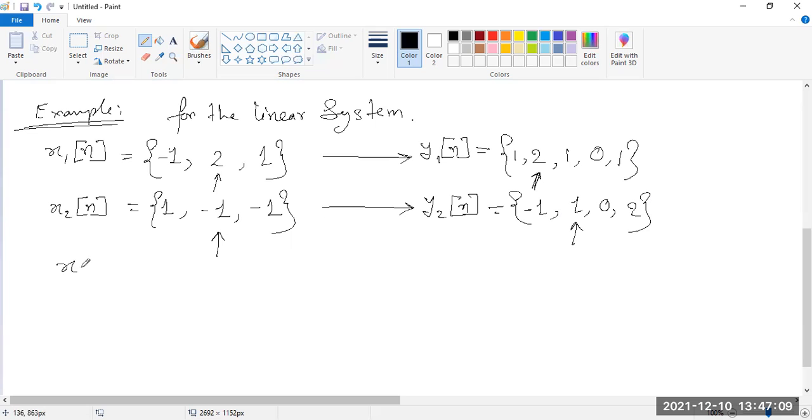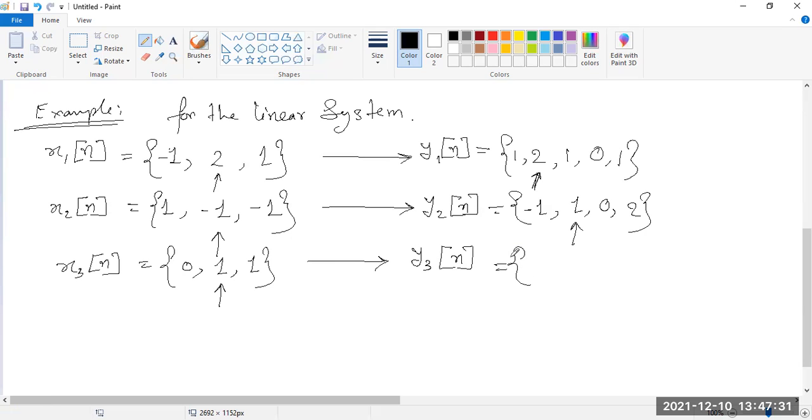Then x3[n] is 0 1 1 1, and that will give you y3[n].